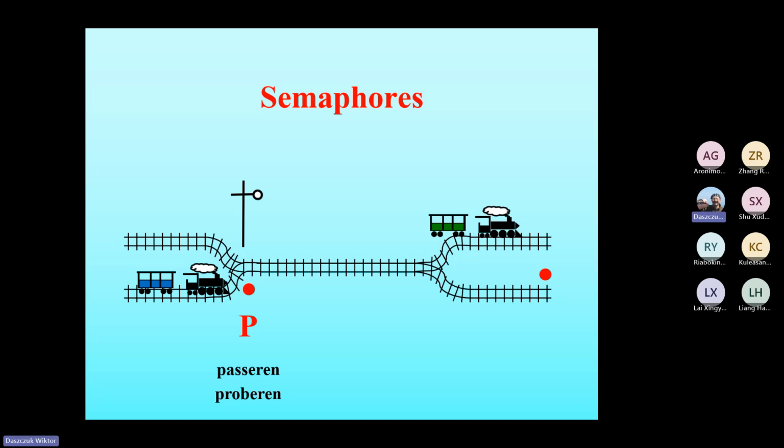When the first train left the common part of the track, the train, in the same way, just pushing some element, influences the V operation, which raises up the semaphore. Now, this driver sees that the semaphore is up, and he can start again.